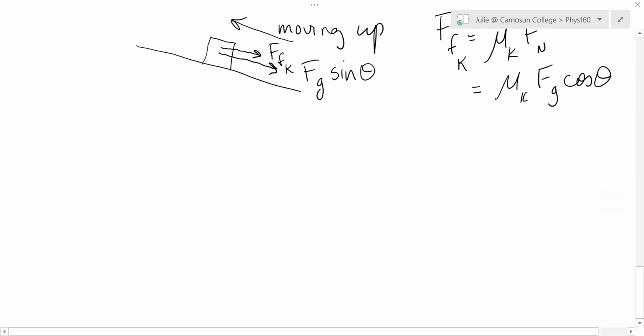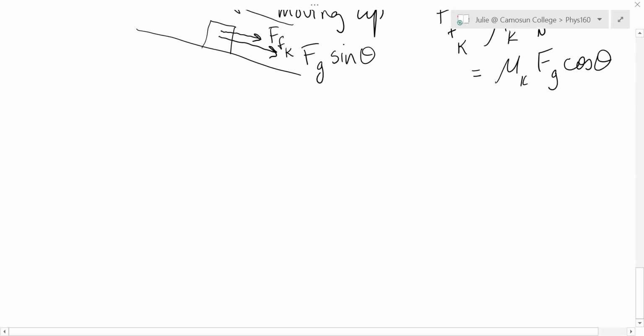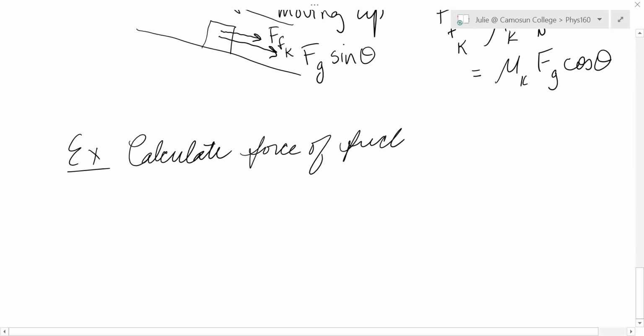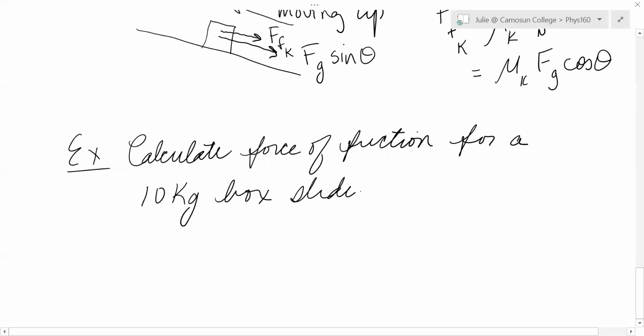Maybe I'll just do a quick example where we have some numbers. So I'll get my calculator here. So let's do an example. Let's calculate the force of friction for a 10 kilogram box sliding down a 20-degree incline. Now you'd be surprised, you cannot stand up on a 45-degree incline.